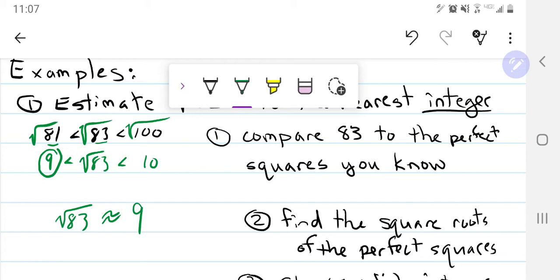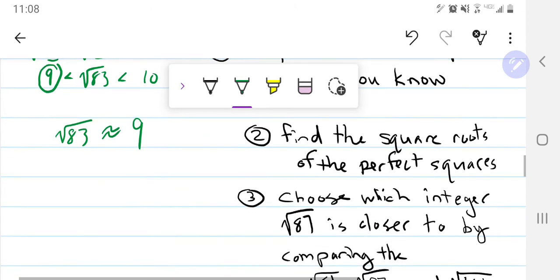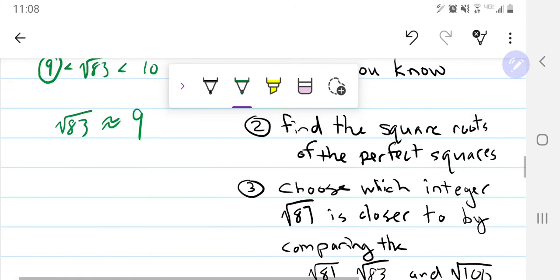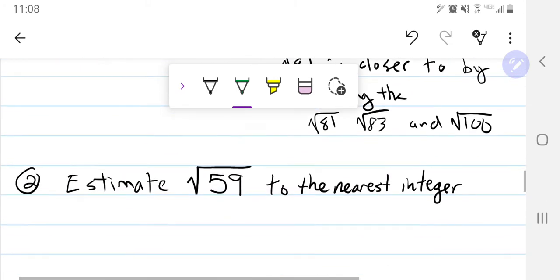All right, so the square root of 83 is approximately equal to 9. We use those squiggly lines because we're estimating or rounding. There we go, to the nearest integer. We could be more accurate and say like 9.1 or 9.2 and test those answers out. But right now we're just going to the nearest integer.